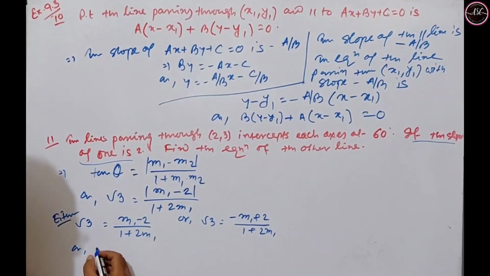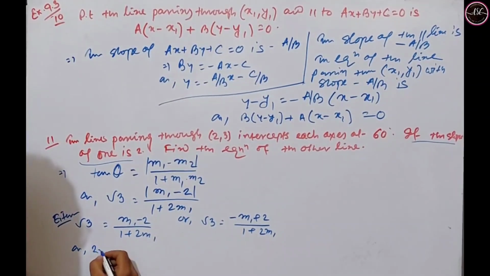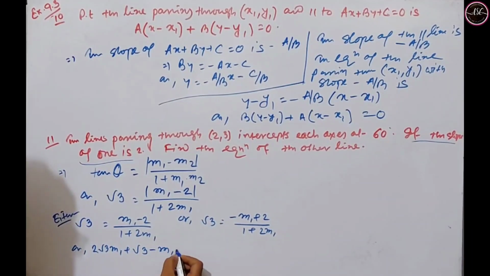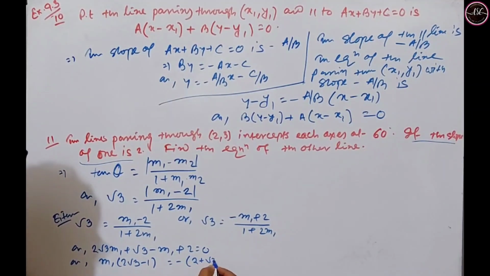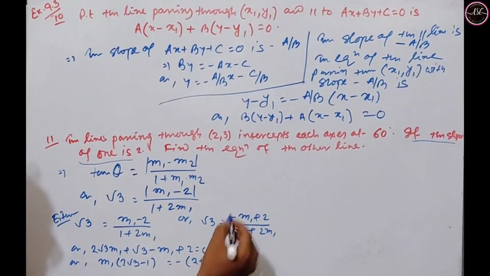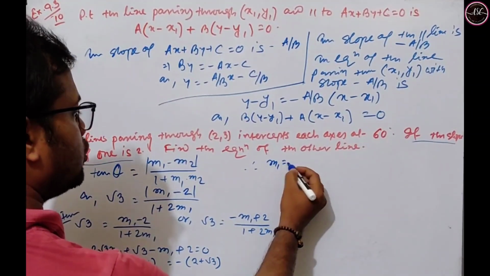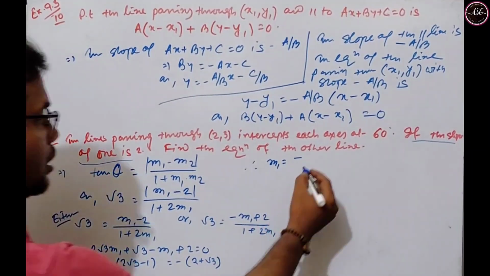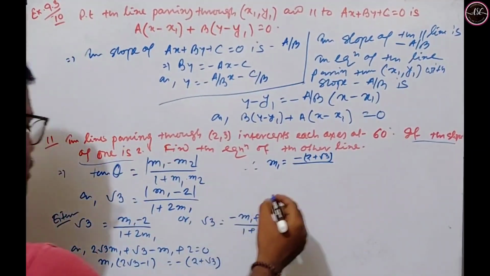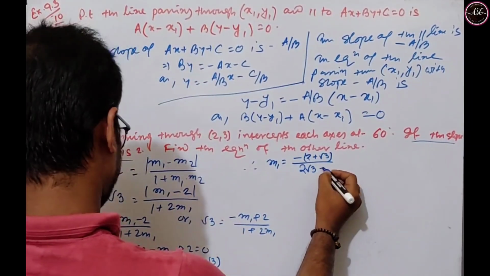Okay, from here, m1 equals 2 root 3 m1 plus root 3 minus m1 plus 2 equals 0, or m1 into (2 root 3 minus 1) equals minus of (2 plus root 3). Therefore m1 equals minus (2 plus root 3) divided by (2 root 3 minus 1).